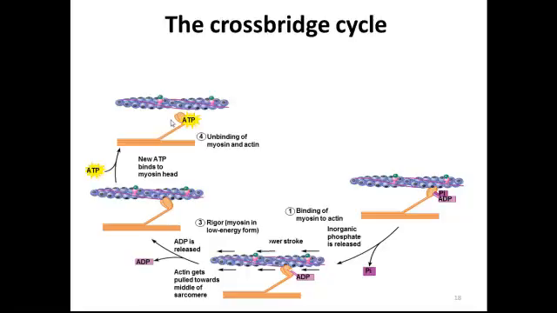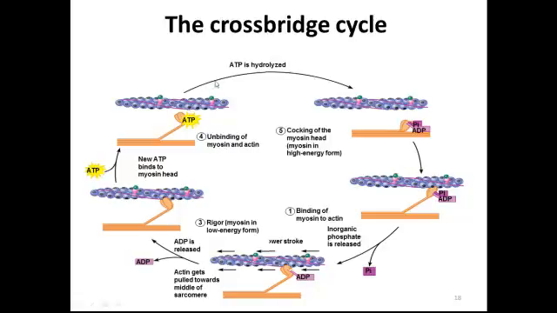And then in the presence of ATP, if there's still energy, ATP binds to the head where the ATPase is. This causes the unbinding of myosin and actin, which means actin and myosin are detached.